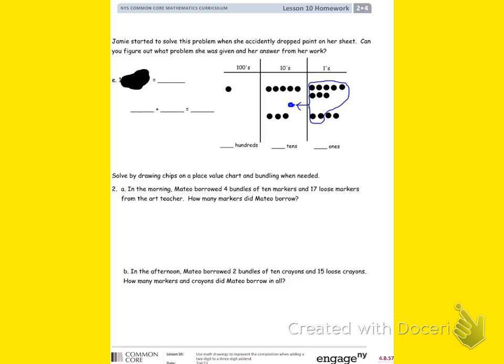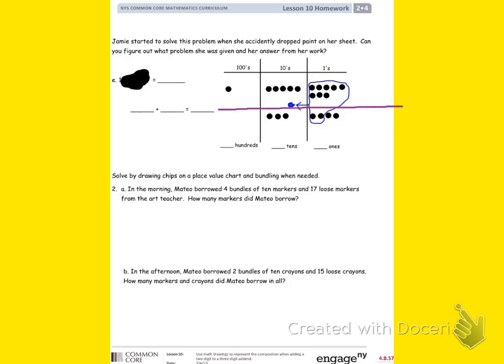In order to determine the problem that was given, I should look at the place value chart and chips that are drawn. Just like in the past, I like to draw a line in between the two addends to separate them in the picture. Now I'll look at the drawing.